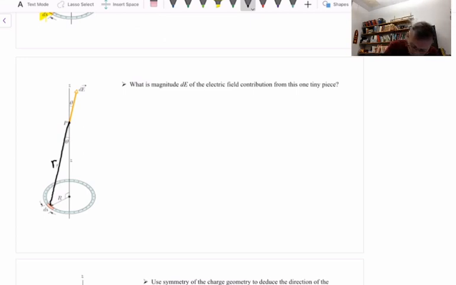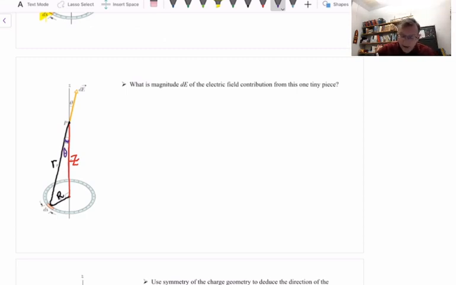The radius of the ring is big R. The distance from the center of the ring straight up the z-axis to point P is a distance z. Make sure all those distances are clear. And we've labeled an angle up here because we've got a little right triangle there, a little acute angle, theta. That's just geometry.